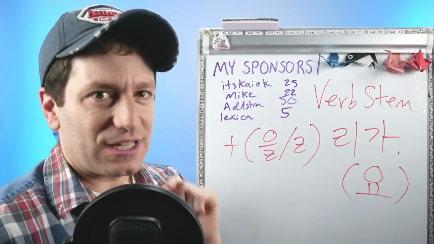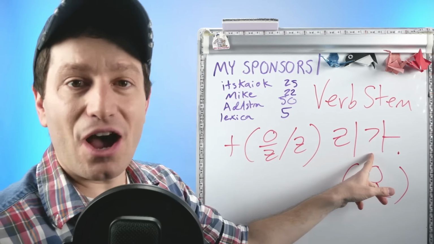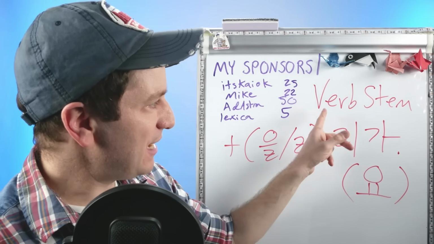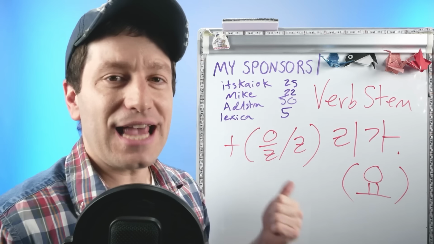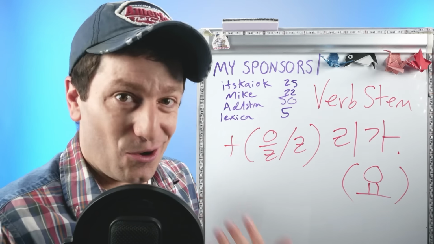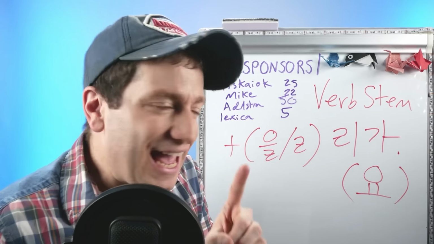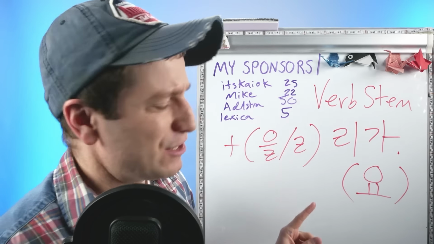However, note that if you do not use a verb at the end, this 가 is not optional. So you wouldn't say 리. So it's either 리가 or 리가요. This has the exact same meaning because it implies 없다. Because literally, again, logic or reason, like rhyme or reason, that something is going to happen a certain way.